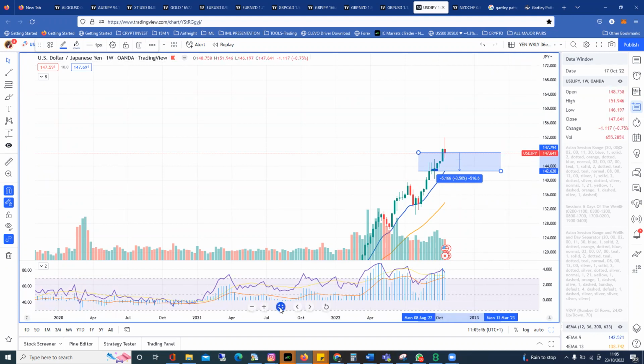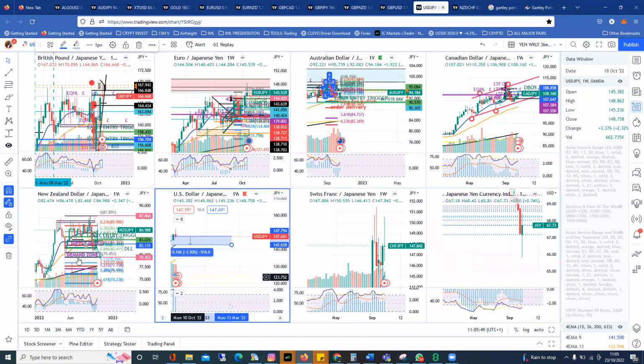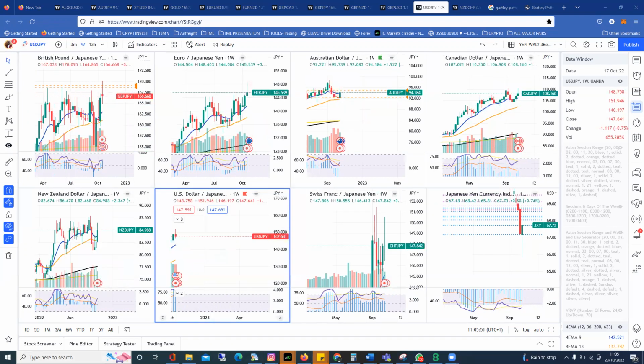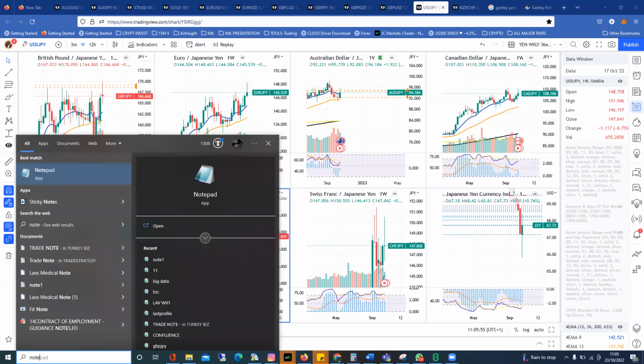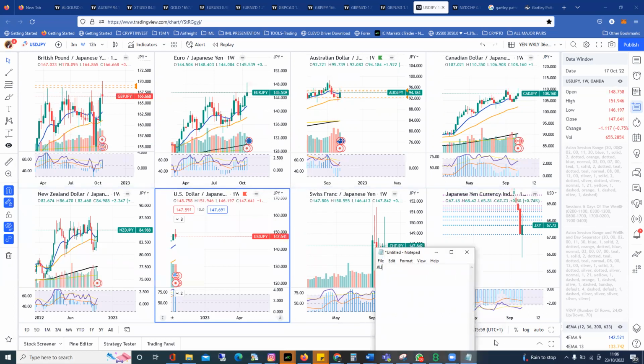So now, I found a couple of pairs. One of the pairs that I'm thinking of looking at for much more detailed analysis is Aussie Swiss. And then we talked about another pair on the Swiss level as well.